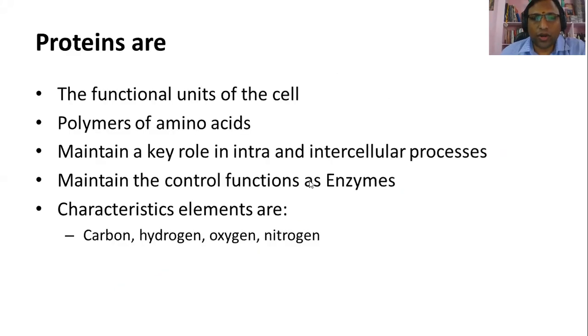So if you see the protein docking, proteins in general are the functional unit of the cell. They are the polymers of amino acids and maintain a key role in the intracellular and intercellular processes. From head to tail, every part in our body is maintained by proteins only.